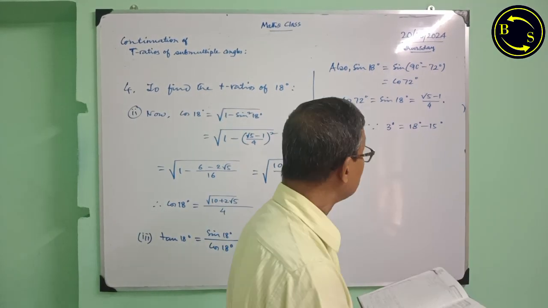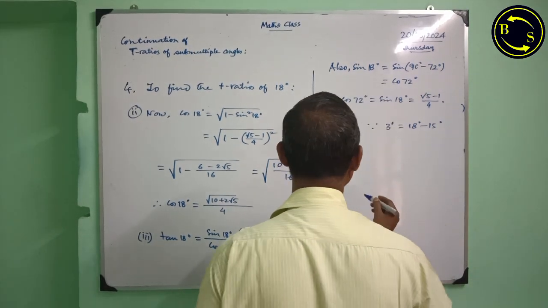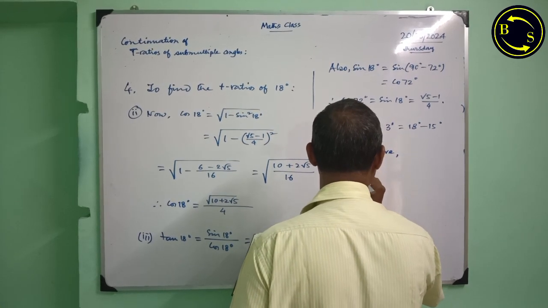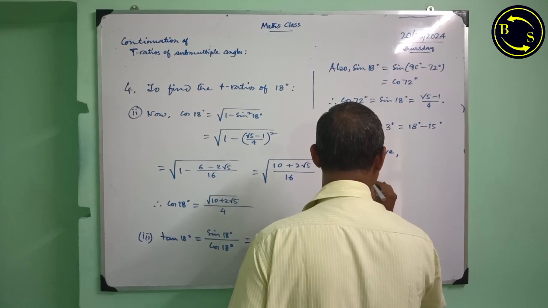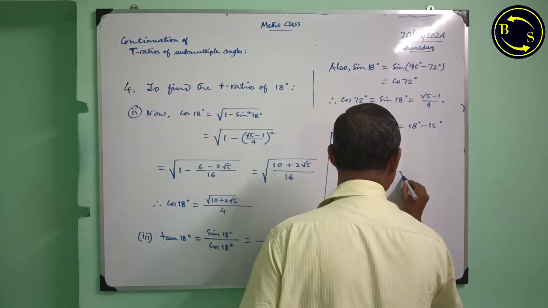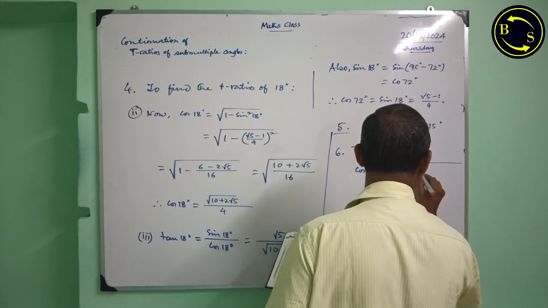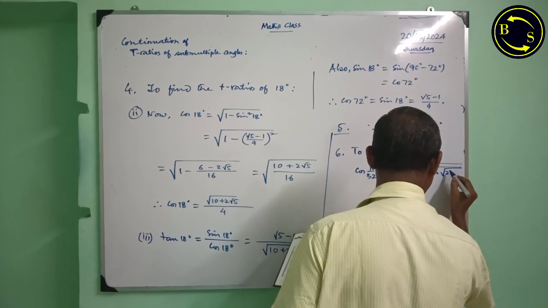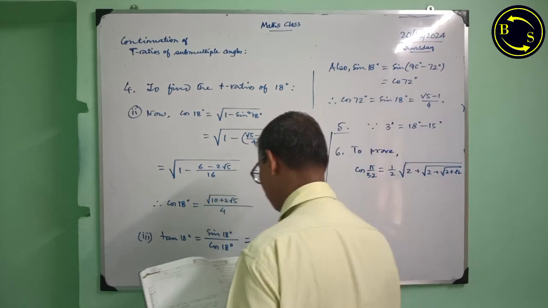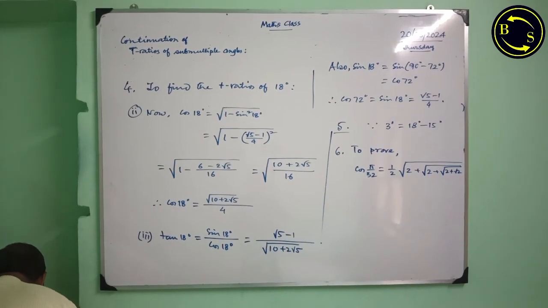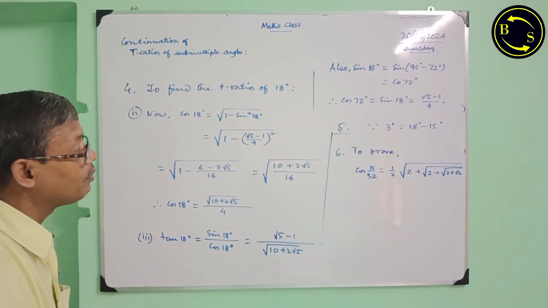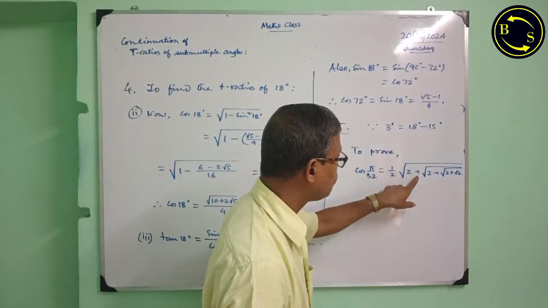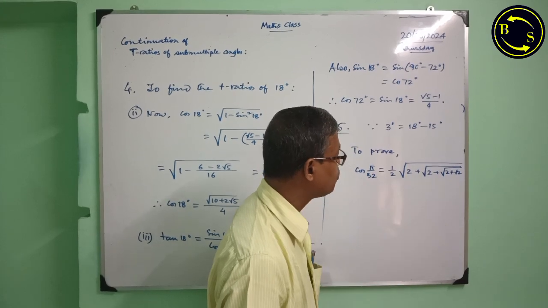First one, I am going to prove that cos pi by 32 is equal to half into square root of 2 plus square root of 2 plus square root of 2 plus root 2.